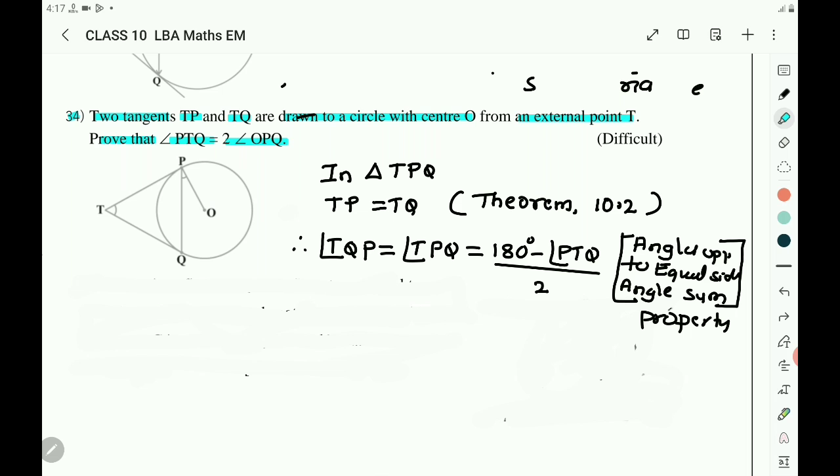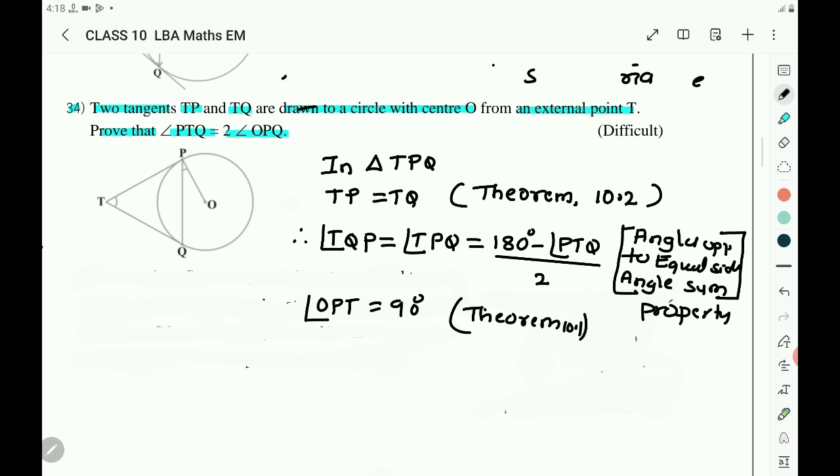You know it because according to theorem 10.1, TP is a tangent at P and OP is the radius at the point of contact. OP is perpendicular to TP. Therefore, you write angle OPT is equal to 90 degrees, according to theorem 10.1.